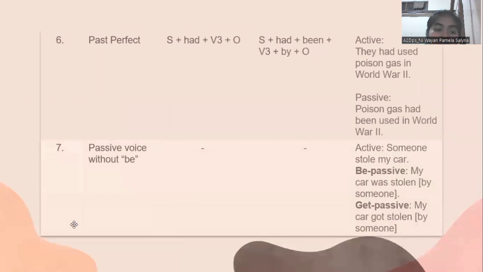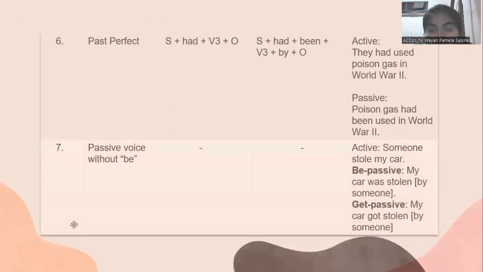Okay. Number six is past perfect. The pattern of active voice is subject plus had plus verb three plus object. And for the passive voice is subject plus had plus been plus verb three plus by plus object.